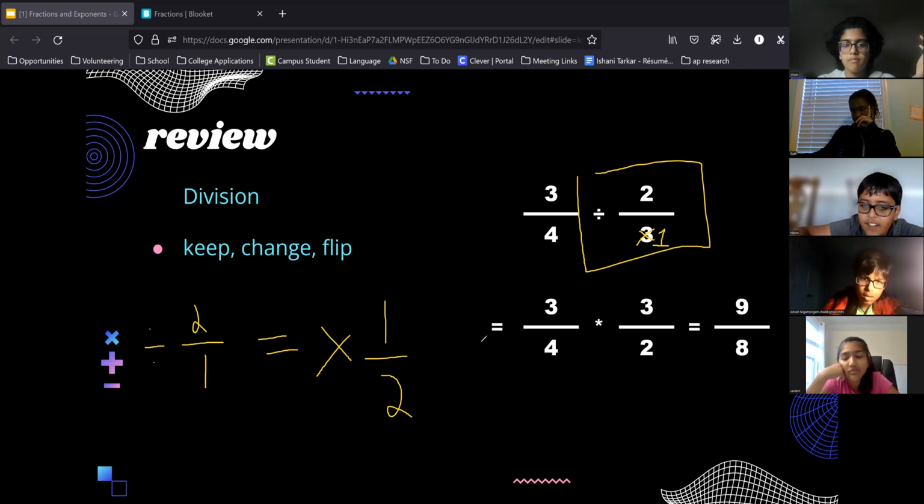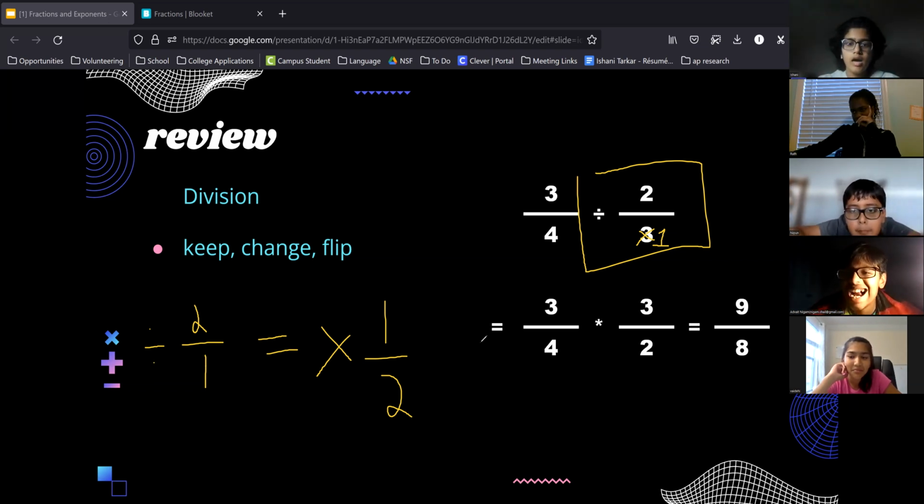So that's what I mean when I say a reciprocal is basically undoing an operation, or it's the opposite of a fraction.